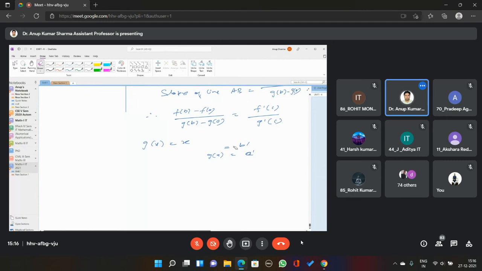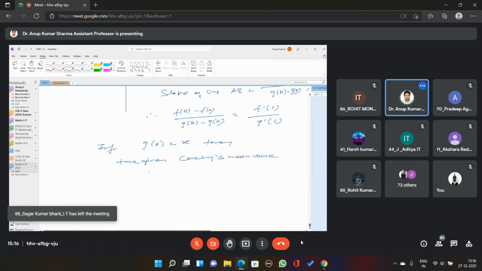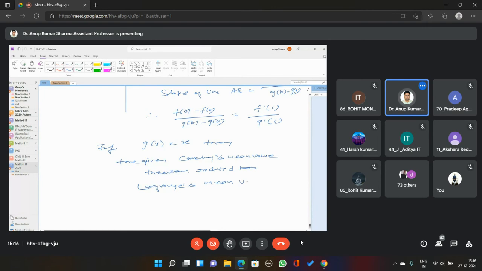That's why, if so, the given Cauchy's mean value theorem reduces to Lagrange's mean value theorem.